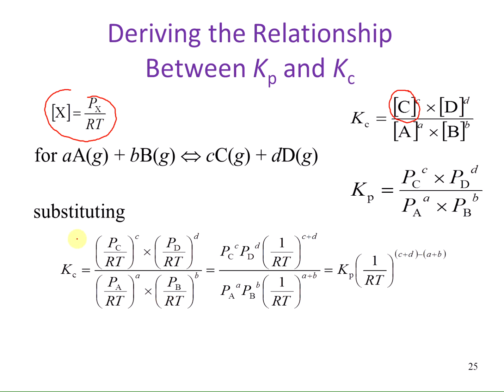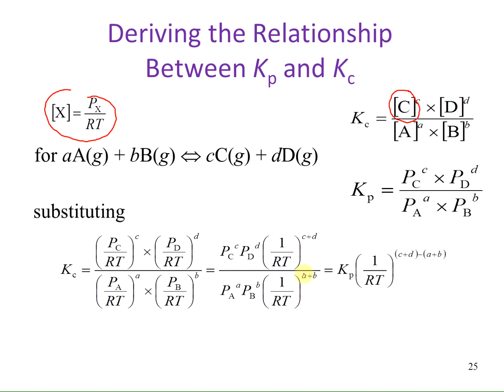Once we have the equation in this form, we can factor out 1 over RT. And then once we factor out 1 over RT, we have to remember the exponents C and D. Since these values are multiplied by each other, the exponents are added together with the rules of exponents.